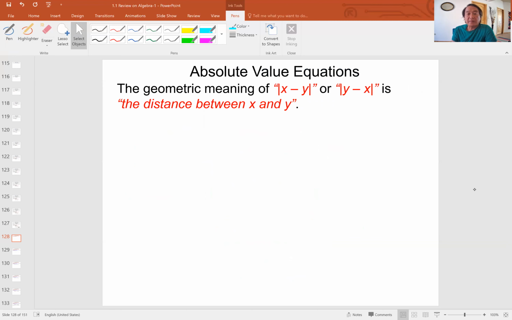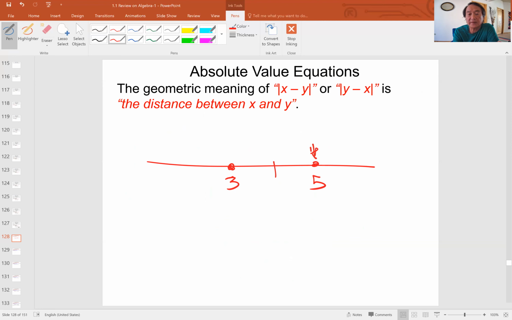Then lastly, the absolute value equations. The absolute value between two numbers. Okay, here's number x, y. Let's say here's 3, here's 5. If I'm a carpenter, I want to know the distance between 3 and 5, and the rule is the right-hand side minus the left-hand side. Right minus left. It's 5 minus 3, I get 2.